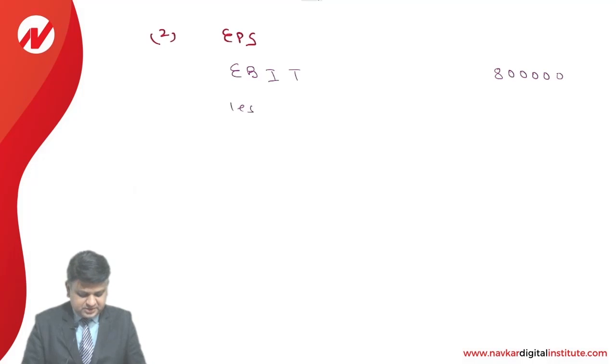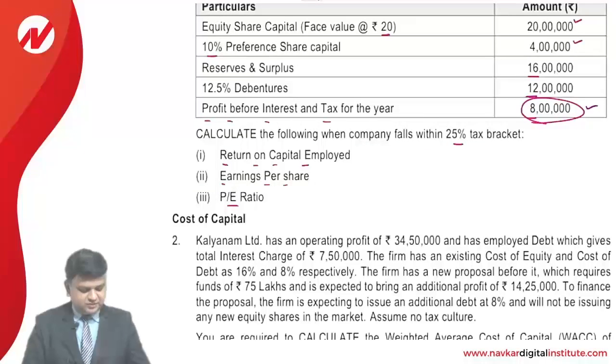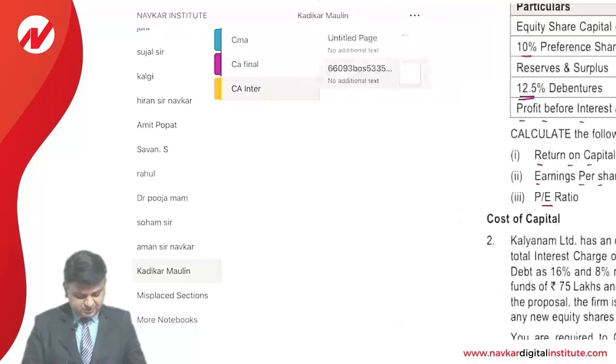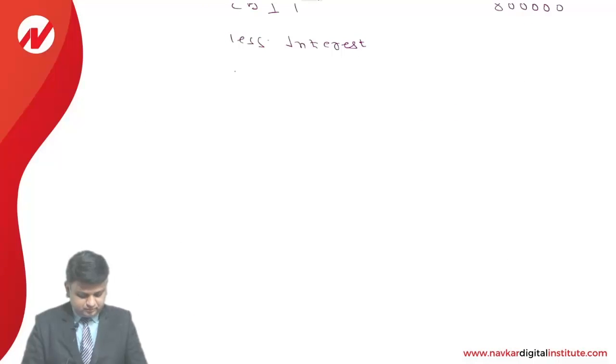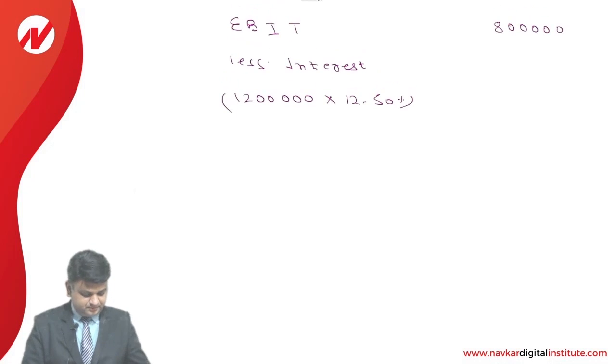From that we will subtract the interest amount. The company has issued debentures of 12 lakhs and the rate of interest is 12.5%. So 12 lakhs into 12.5% comes to 1,50,000.